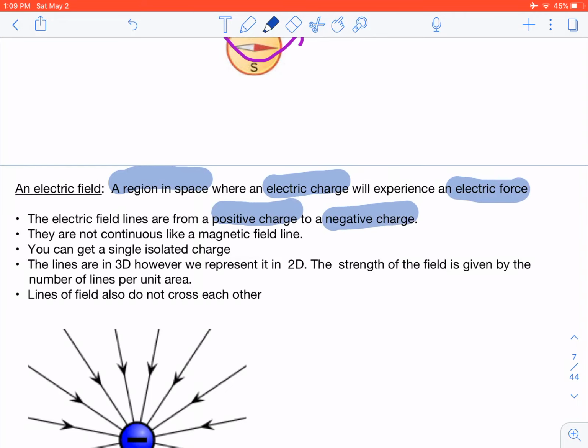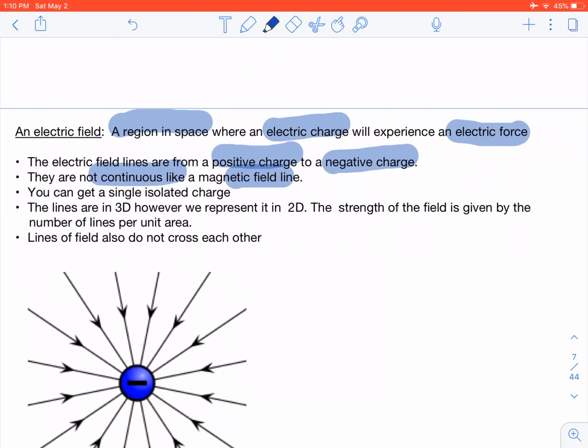That's again by convention. We chose it to be like that. We could have used negative to positive. And the thing about an electric field is that the lines are not continuous, like a magnetic field. I'll show you what I mean by that.